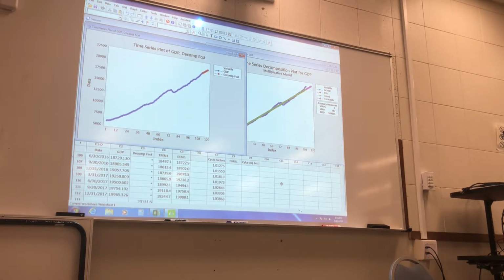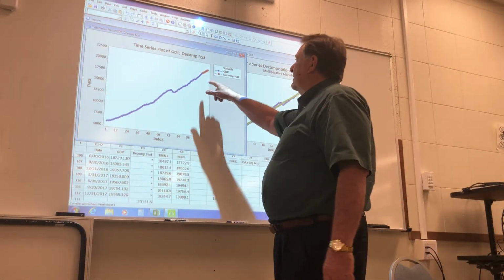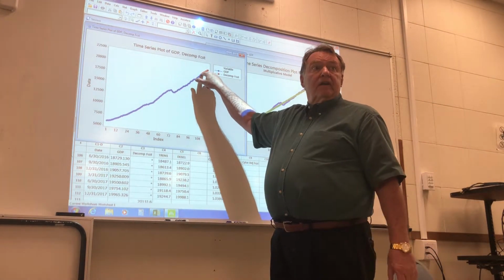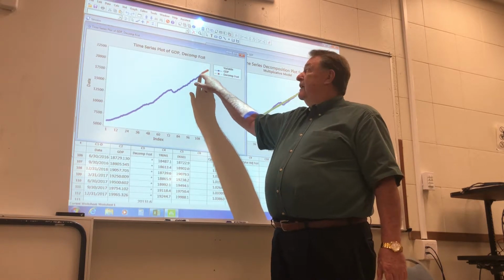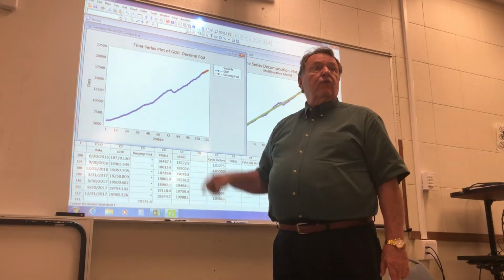So I put cycle in. It's not just to make it look better, it's to introduce cycle into it. But, by the way, it does shift it up. The same cycle factor that was here, that last cycle factor, is also in this forecast.